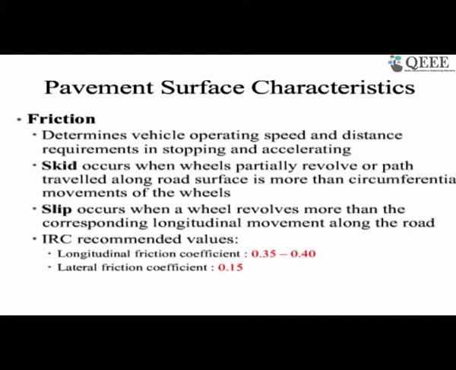If it is negotiating a curve, definitely there is a centrifugal force. That centrifugal force is going to try to pull the vehicle away from the road. So definitely you need some lateral friction. Also, as the vehicle travels even on the tangent section, it deviates a little bit to the left or right, and in that situation it does need some lateral friction.